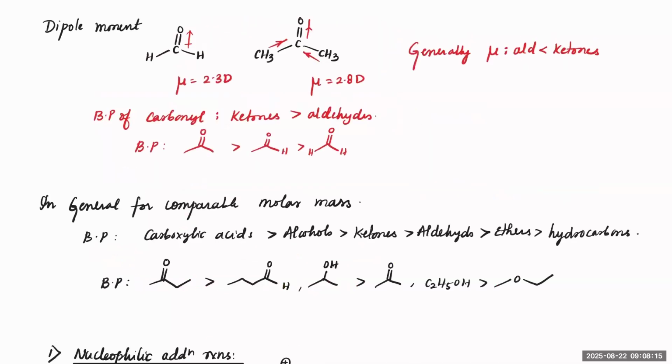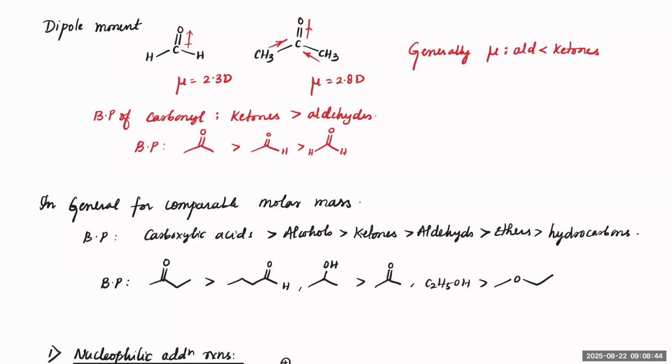Second thing, if you compare the dipole moment, for example, in aldehydes, carbon and hydrogen do not have a lot of dipole to offer as compared to that of C double bond O. But if there is a CH3 group here, CH3 group will have dipole in this direction because CH3 would have plus I effect.